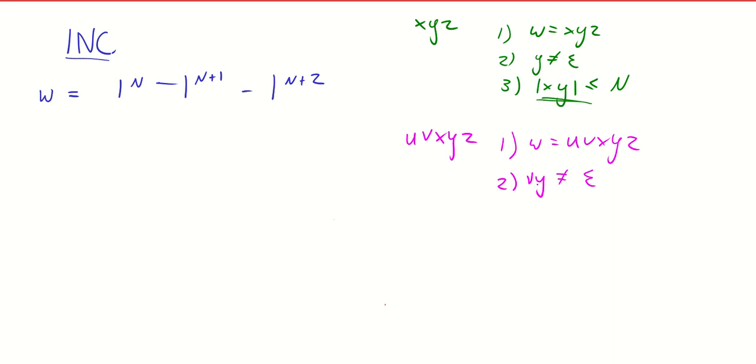So note that this means that our V on its own could be empty, our Y on its own could be empty, but both of them at the same time cannot be empty. And then finally, the length of VXY must be less than or equal to 2 to the k. Now, if we remember up here, we said something like let 2 to the k equal n. So you can sort of see how our word should map onto our third rule.